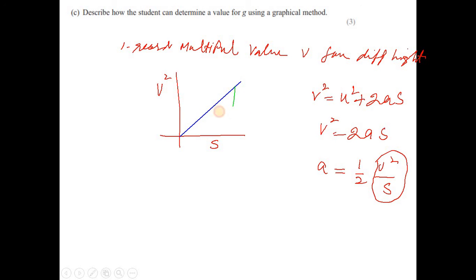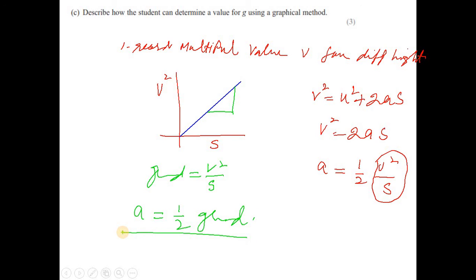The gradient will give you v squared upon s, and then the acceleration can be found as half of the gradient. That's how a student can find the acceleration using a graphical method.